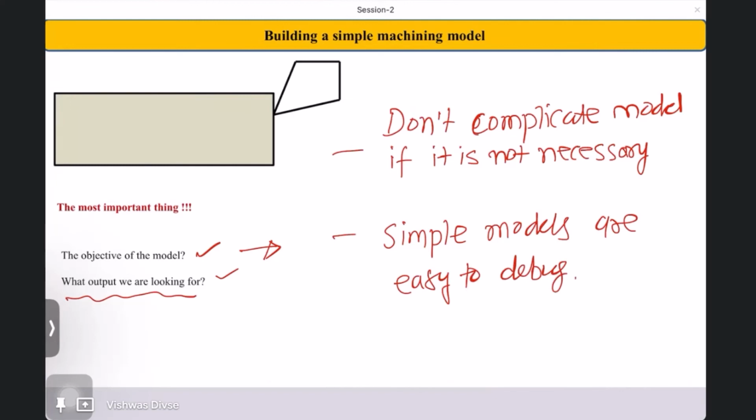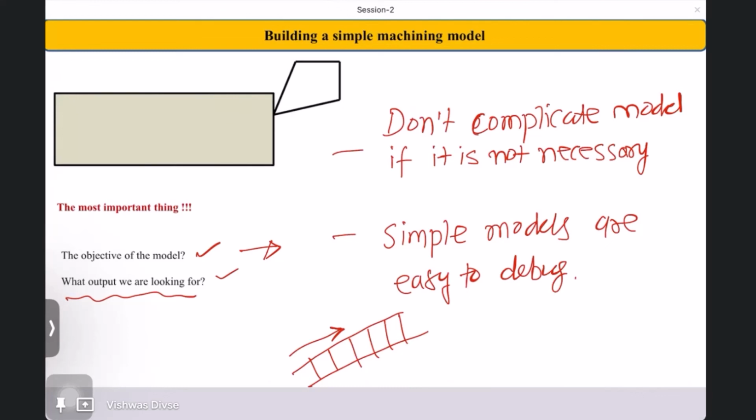Once you have a simple model and it is working fine, then you can easily extend it. One by one, physical phenomena you can always add. So your model should be like a ladder process. Go step by step. Don't directly jump to the fifth or sixth step.